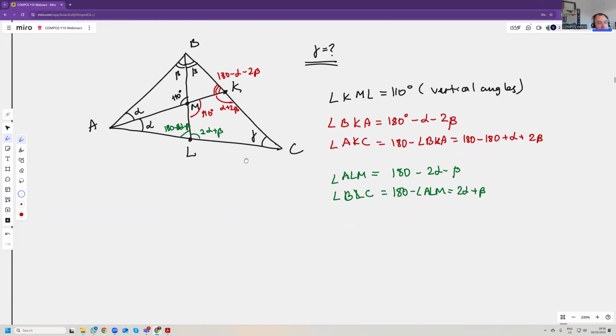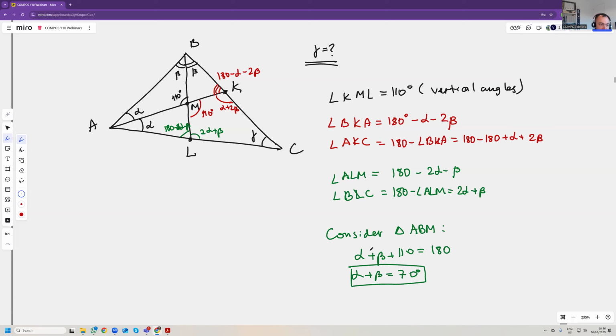Finally, consider triangle ABM. Alpha plus beta plus 110 must equal 180. That means alpha plus beta is 70. That's good.